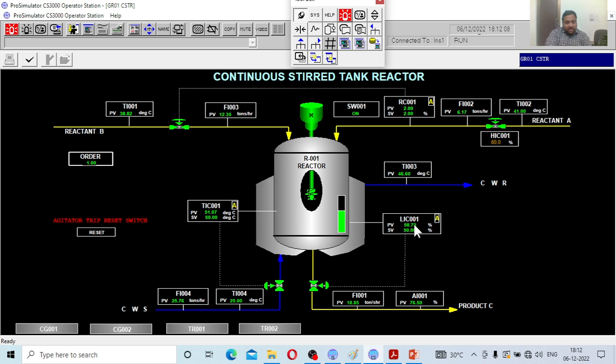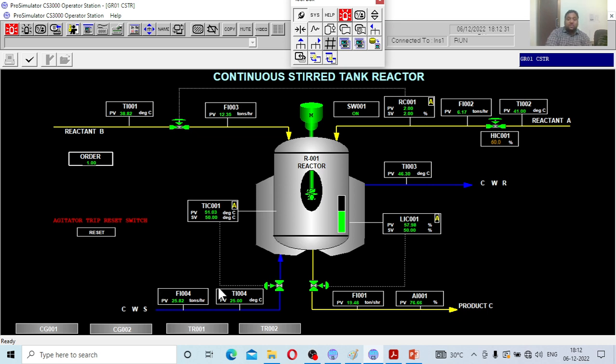Once the level indicator tries to reduce the volume to the same level, that means the job of the level indicator is to maintain the level at 50%. Once it comes to the 50% level, the volume remains the same, but you have increased the flow, so automatically see how the conversion is going to get affected.